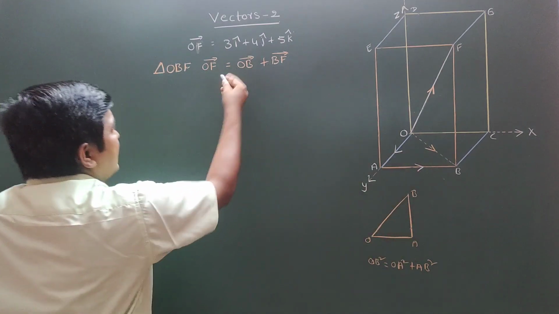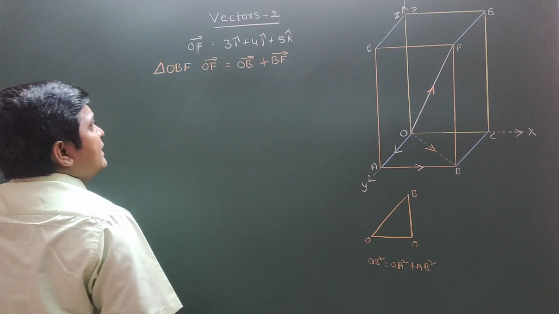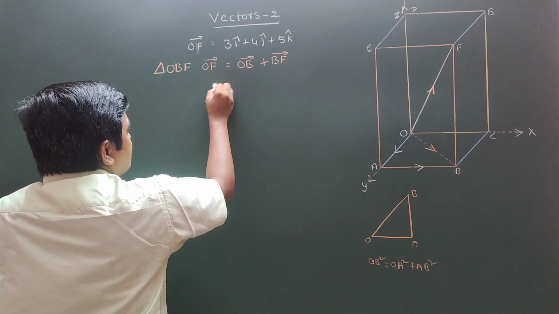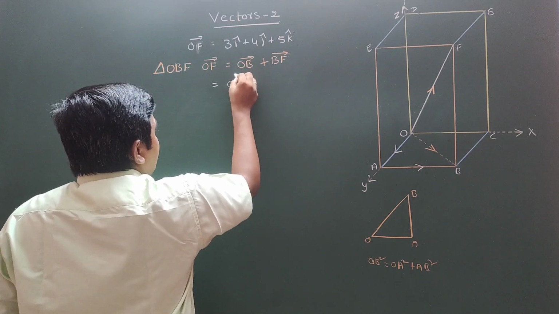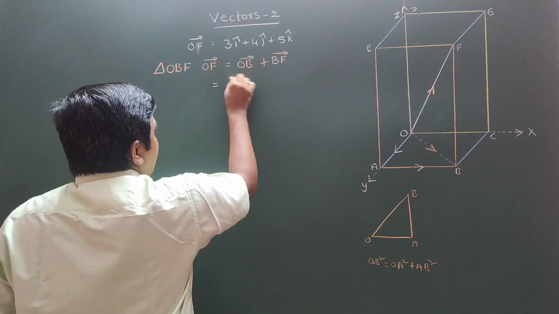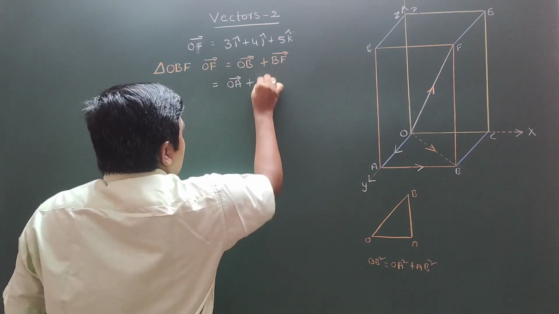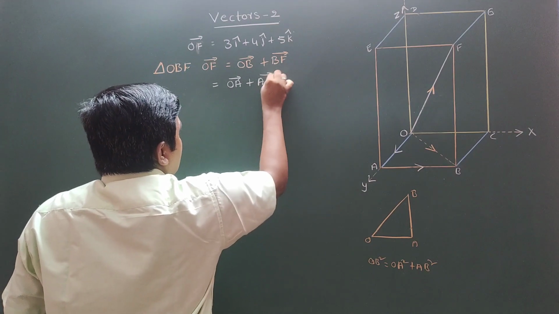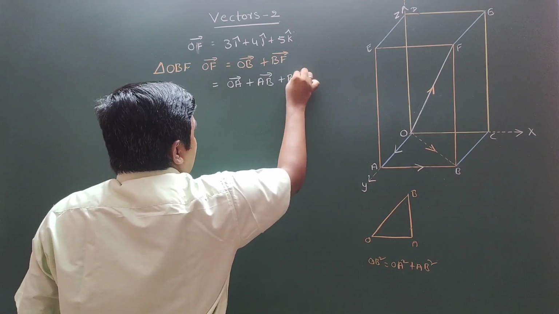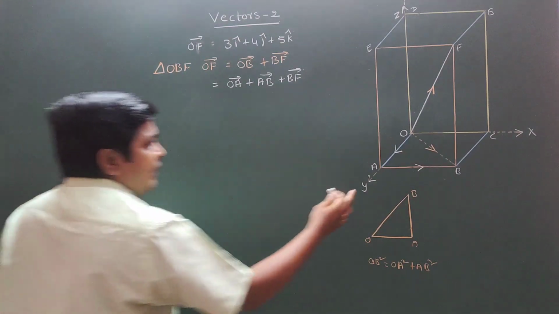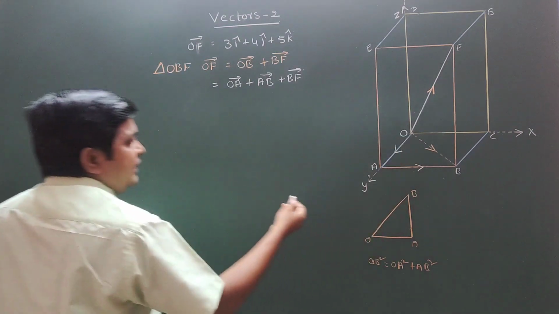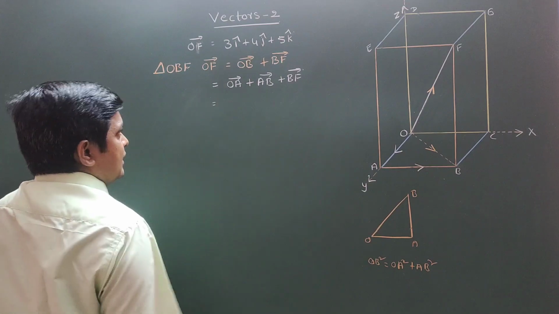That's why what I can write here, instead of OB, I will write OA bar plus AB bar plus BF bar. Now you can observe here OA is on the y axis, right? On the y axis.